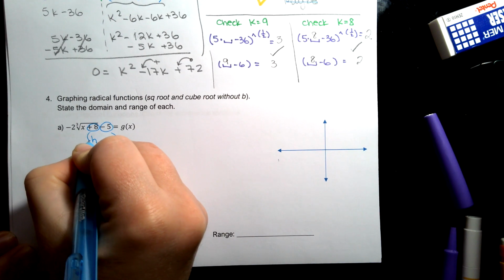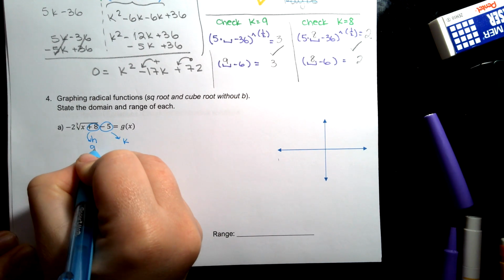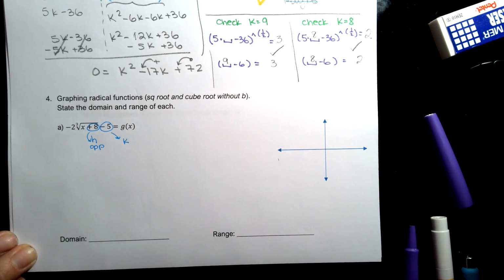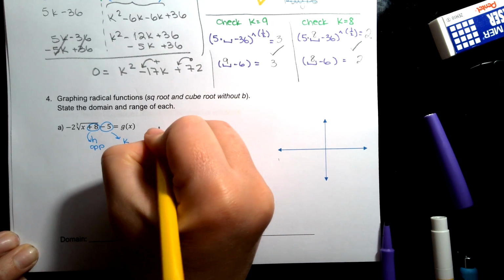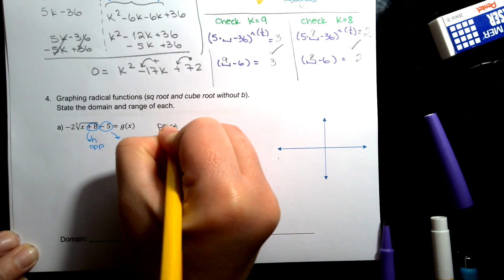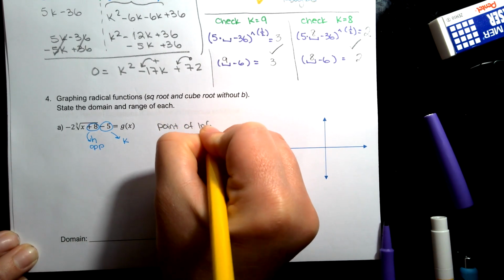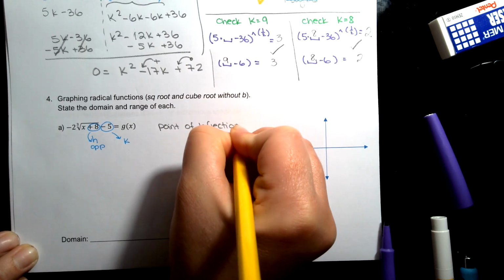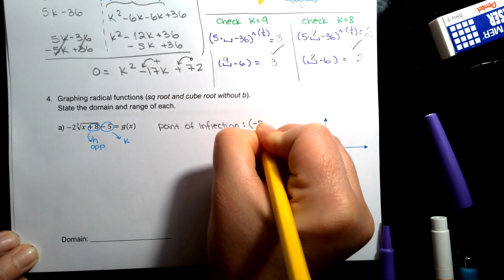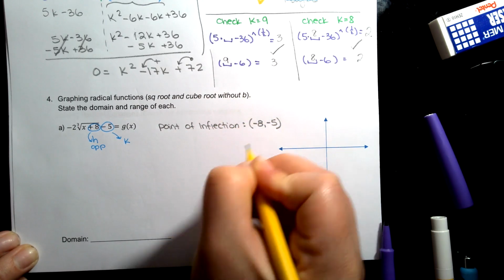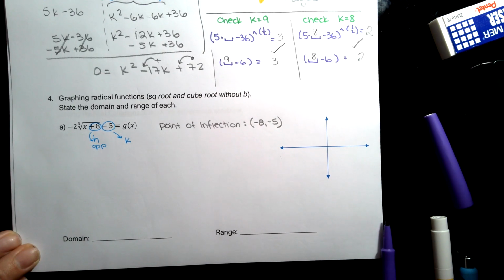Now remember, h is still inside of a function, so it's going to be opposite of what you see. So for our point of inflection, we're going to have a -8, -5. K for keep, h is opposite, you see.